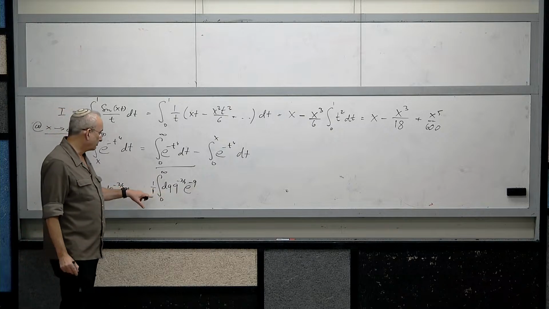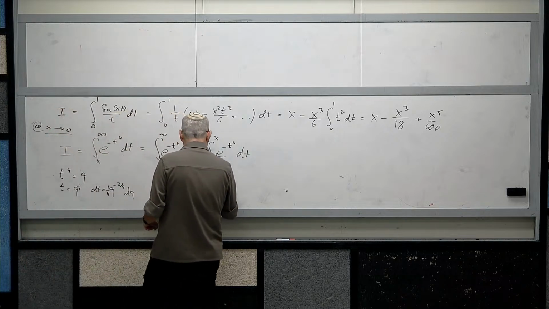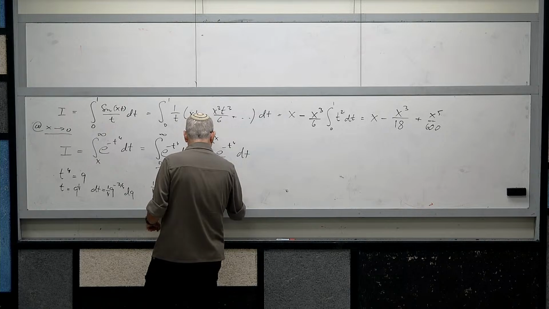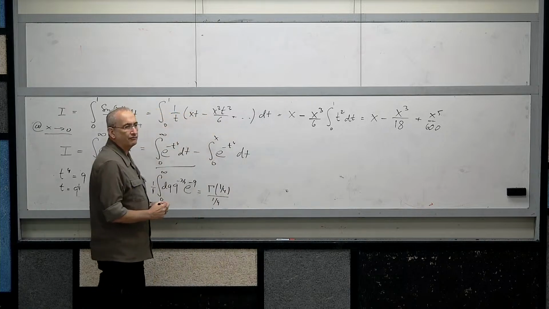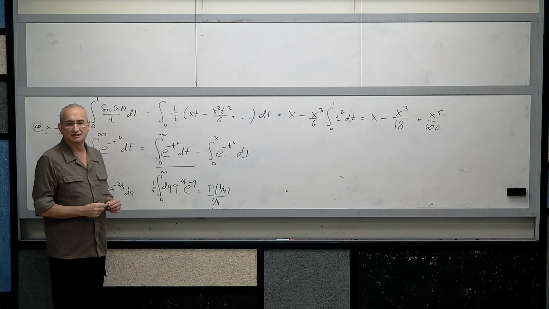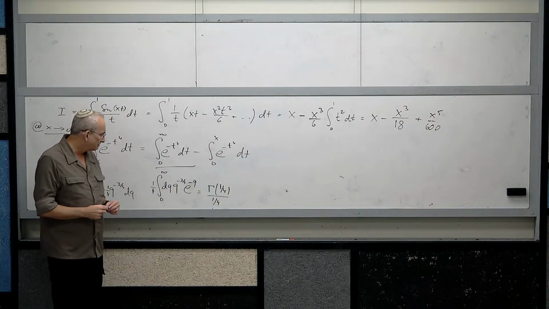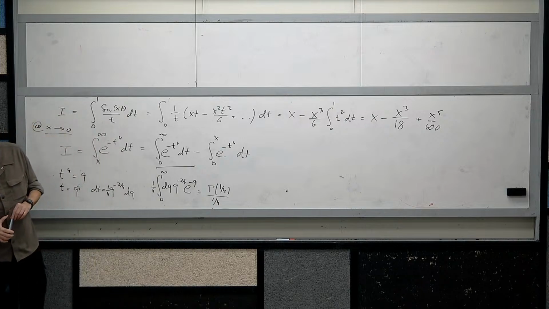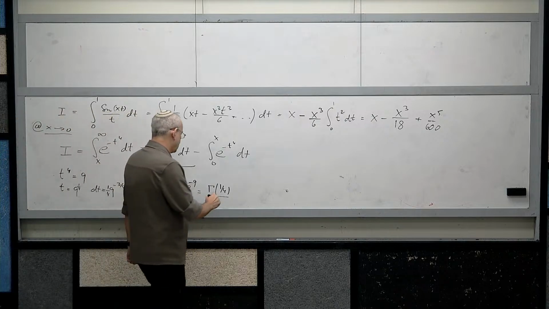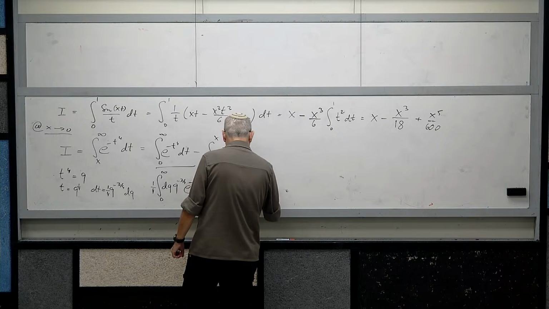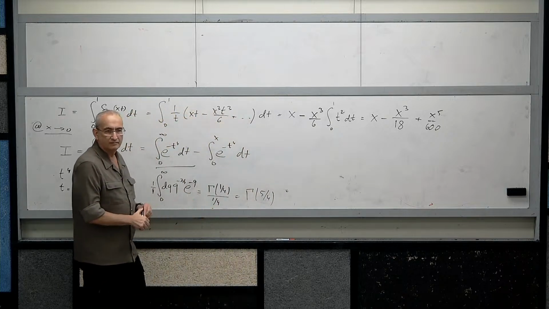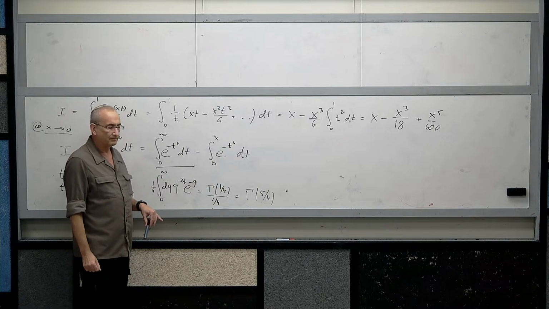You see, so what I obtained from this is gamma function of 1/4 divided by 1/4, and since gamma of z plus 1 is z gamma of z, this is gamma of 5/4. Okay?